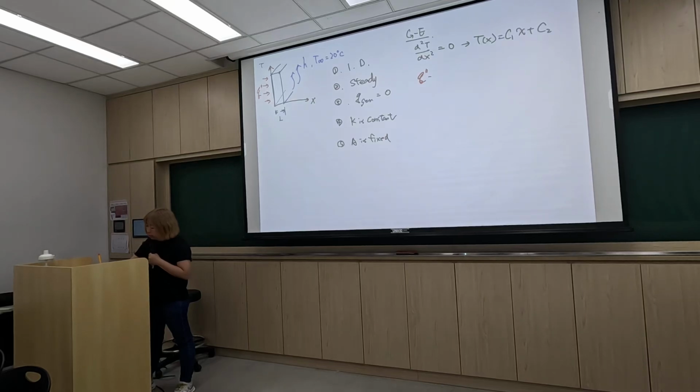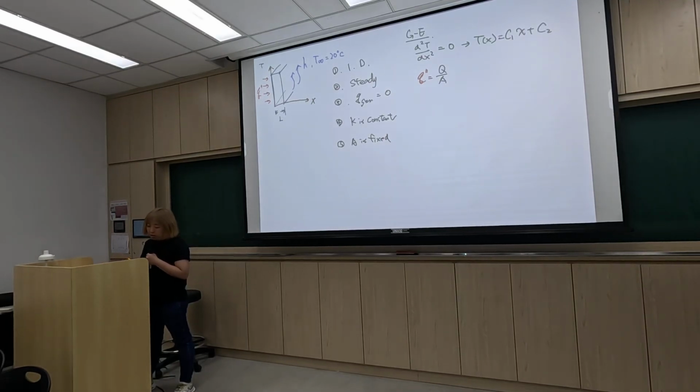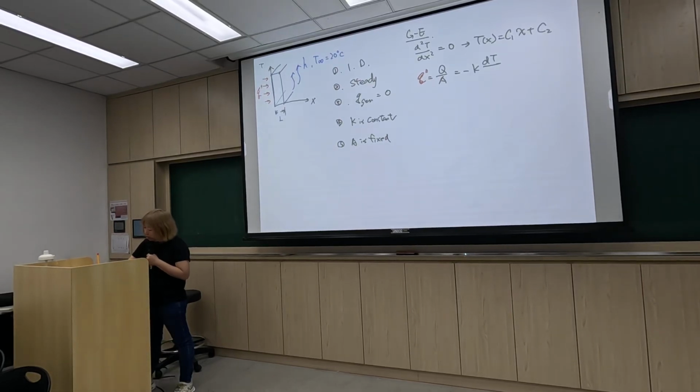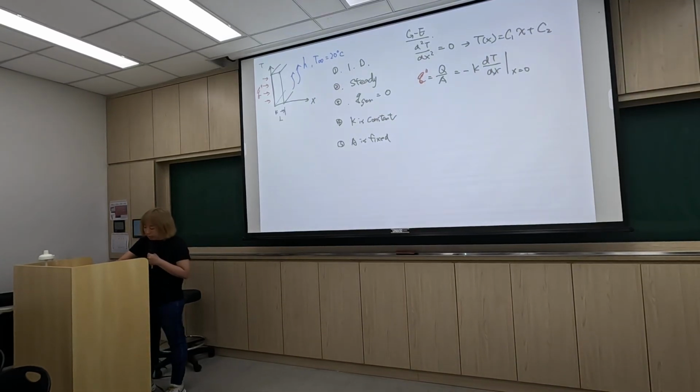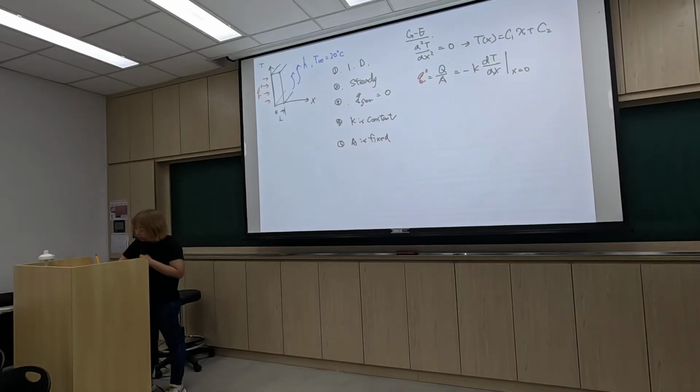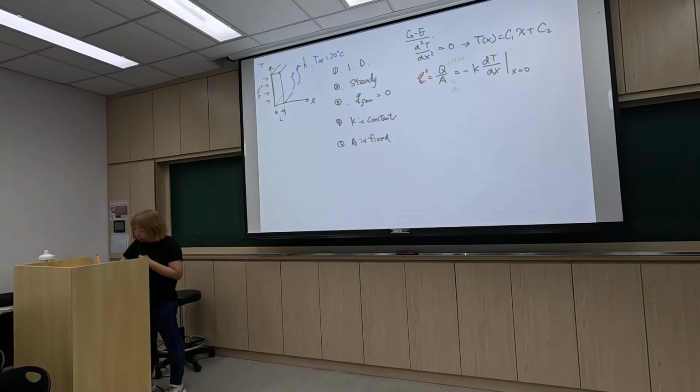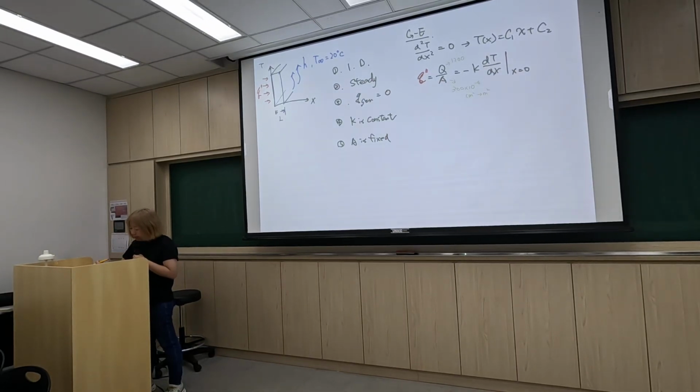The heat flux equals minus kA dT/dx, where x equals 0. Then we put a number here, and this is 300. But be careful with the unit. This is centimeters, right? So we need to convert the square centimeters into square meters.